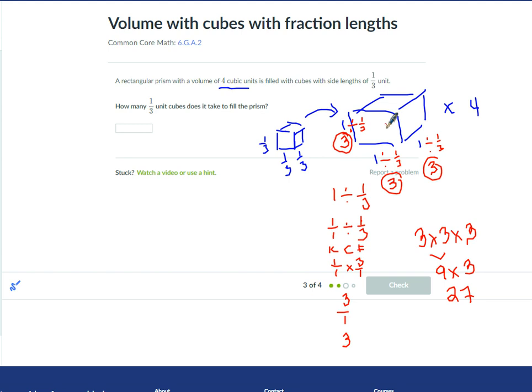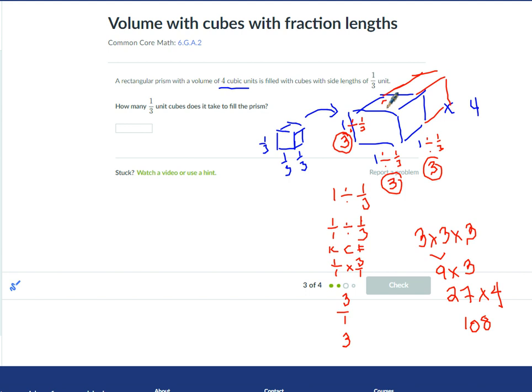So if the volume is 4 cubic units, I'm going to take the 27 that fits into 1 and multiply that by 4. So 27 times 4 would be 20 times 4, which is 80, plus 7 times 4, which is 28. So that's 108 of the 1/3 units would fill 4 of these.